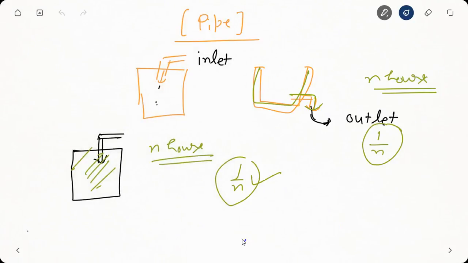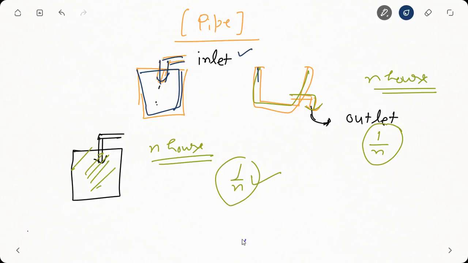So moving to the next concept, that is about pipes. You may already know this, but just for the sake of completeness: if there is any pipe which is filling a tank, we'll call that pipe an inlet.